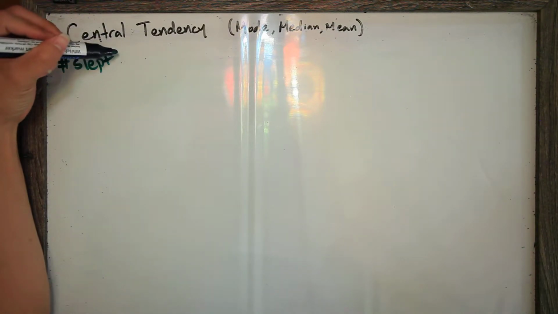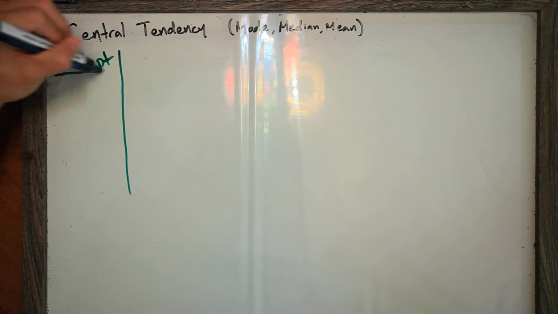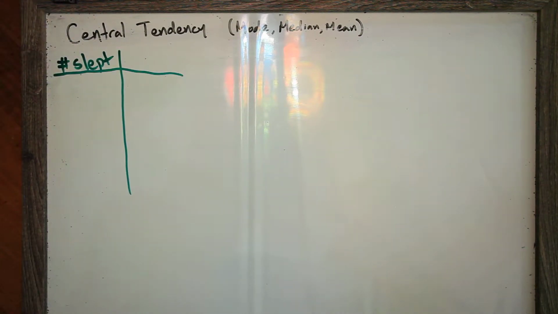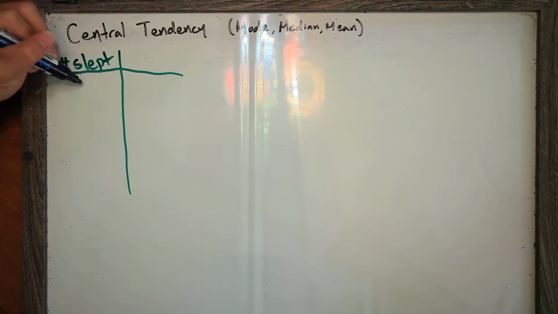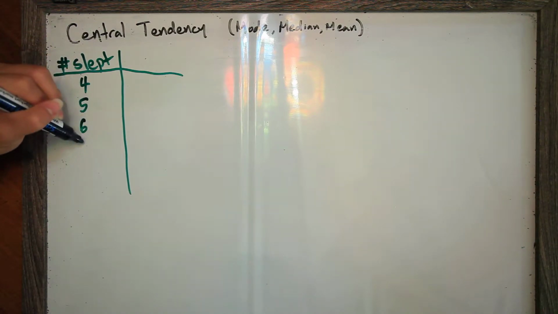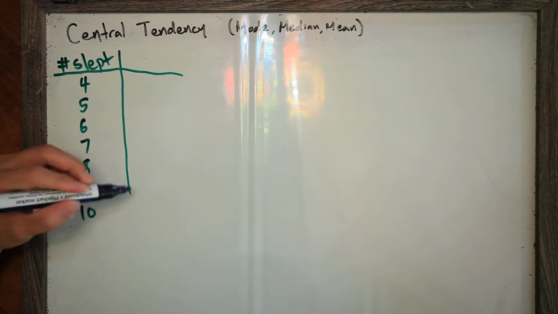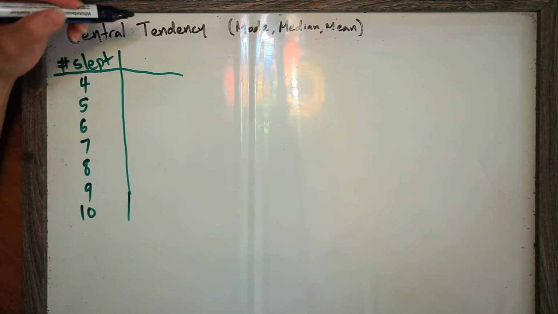Okay? We're going to start with, let's see, the lowest hours of sleep by people in our data set was 4. And then we had 5 hours of sleep, 6 hours of sleep, 7 hours of sleep, 8 hours of sleep, 9 hours of sleep, and 10 hours of sleep. Okay?